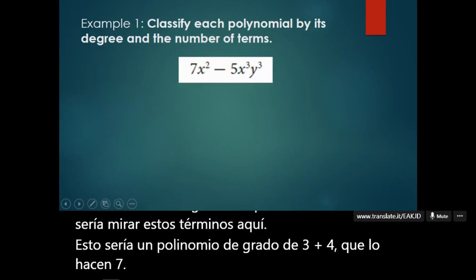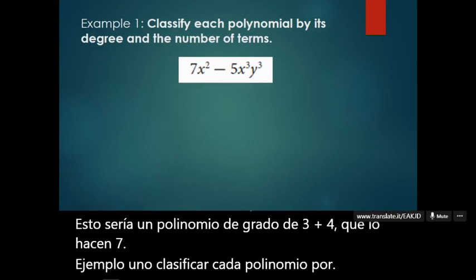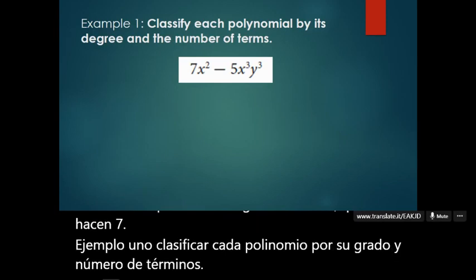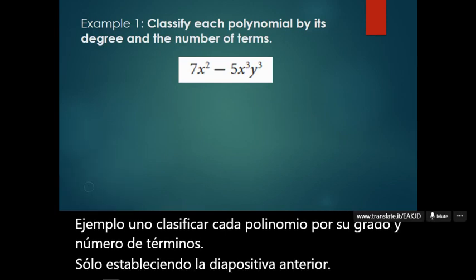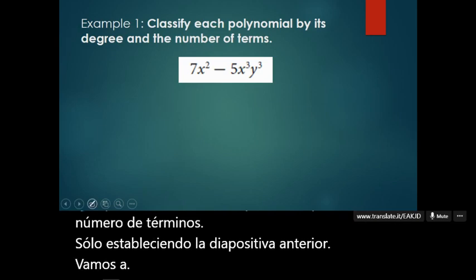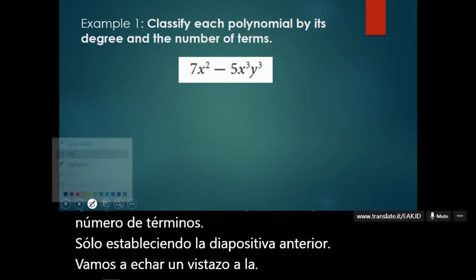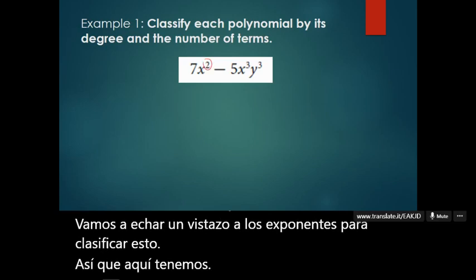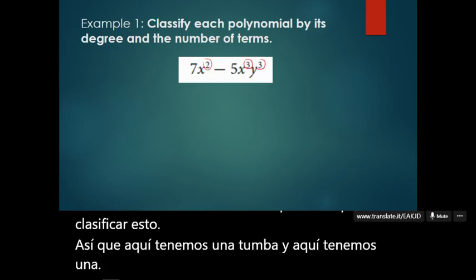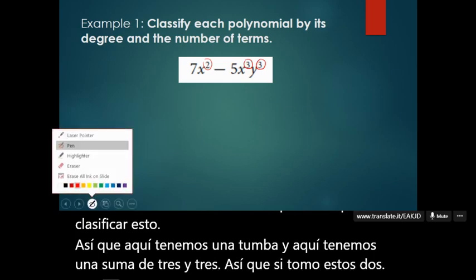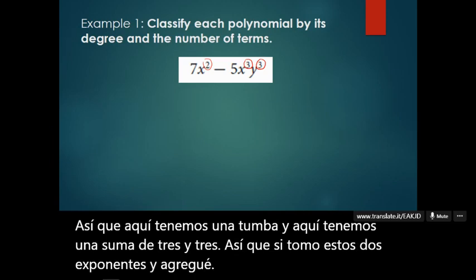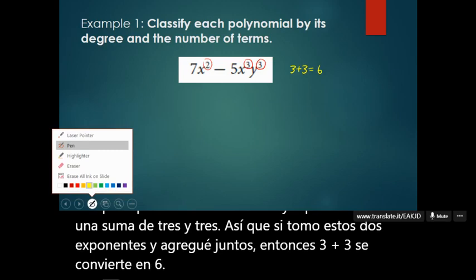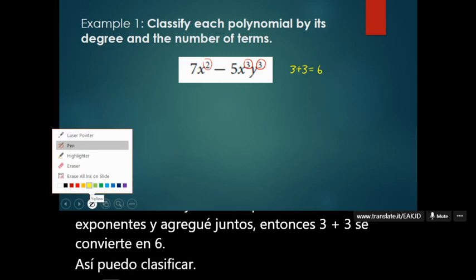Example 1. Classify each polynomial by its degree and number of terms. So as established in the previous slide, we're going to take a look at the exponents in order to classify this. So here we have a 2, and here we have a sum of 3 and 3. So if I take these two exponents and I add them together, then 3 plus 3 becomes 6. So I can classify this as a degree 6 polynomial.